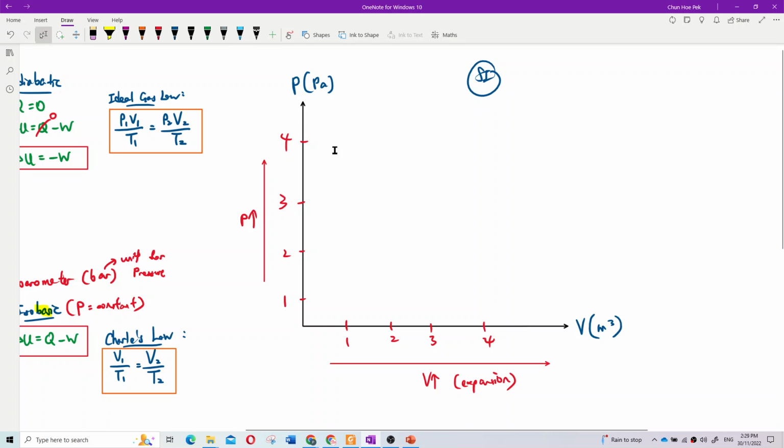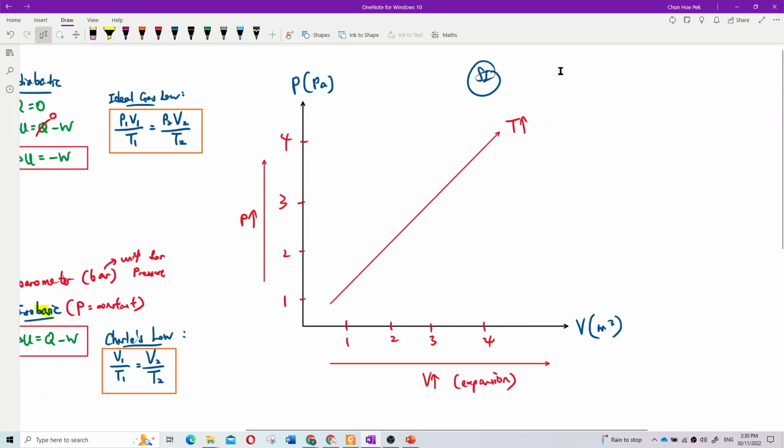How to understand about temperature? Where is the temperature? Temperature is this line. This is temperature increase. So you don't understand why? How come got another axis over here?